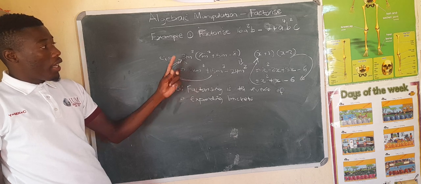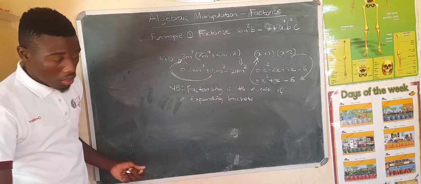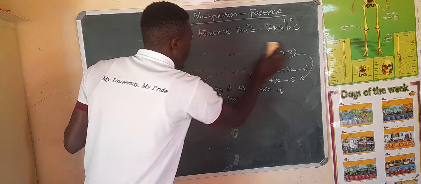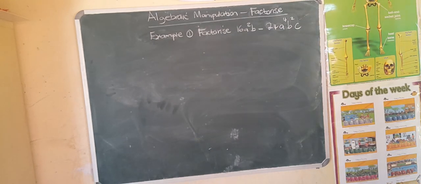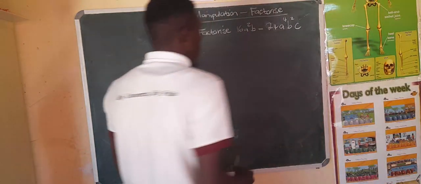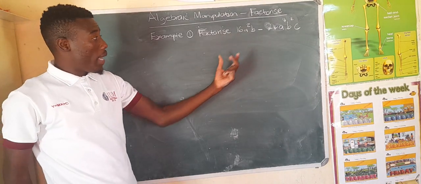All right. Now we are going to factorize this one. Okay, now let's factorize this one. We are given two terms here, right?